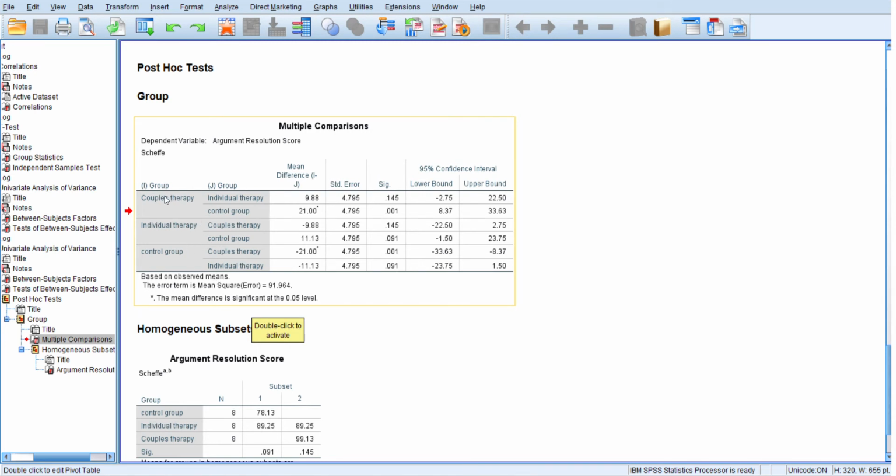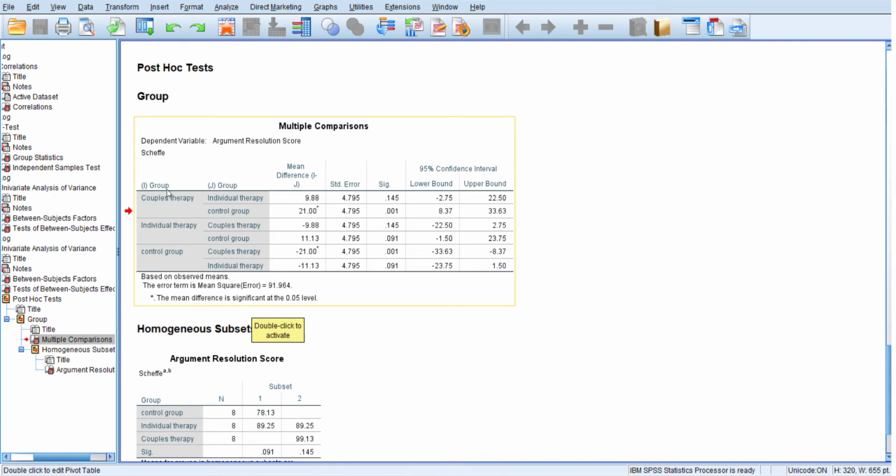So let's start here. The way that I think of this as a subtraction problem is like this. Think of these as numbers. The couples therapy right here represents the mean, or the average score, for the couples therapy group on argument resolution.